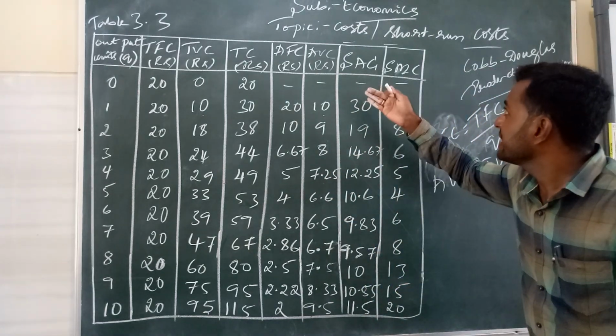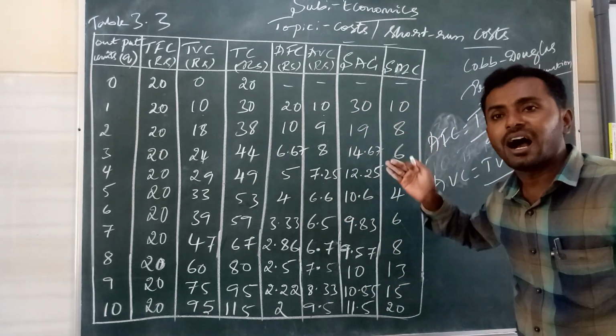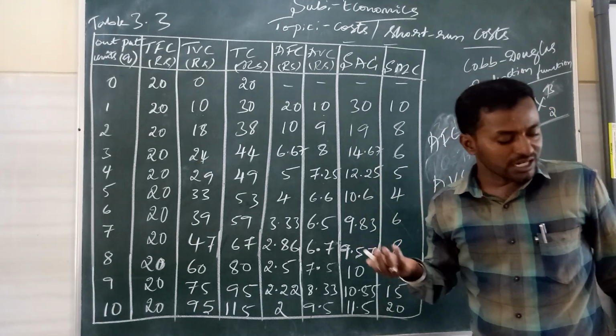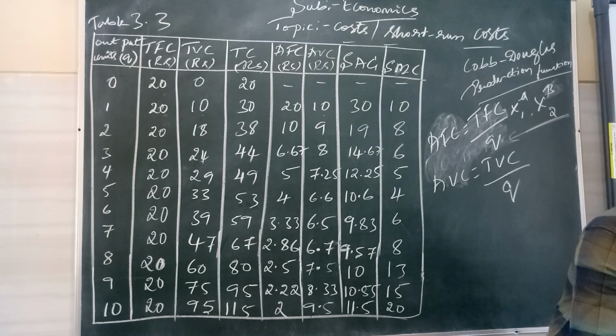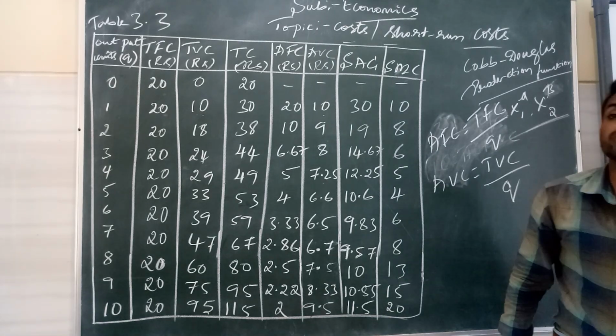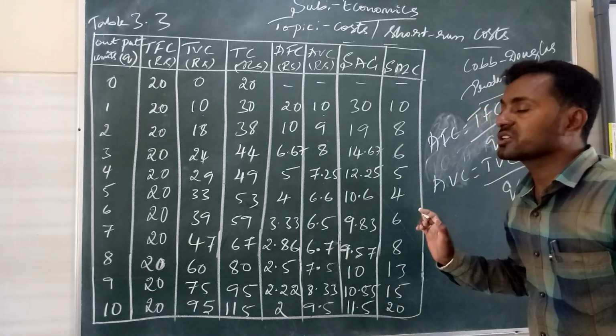Then another one is SAC, short run average cost. Short run average cost means the average cost incurred by the firm, defined as total cost per unit of output. Total cost per unit of output is called short-run average cost.